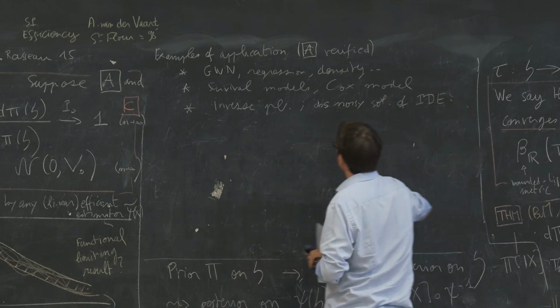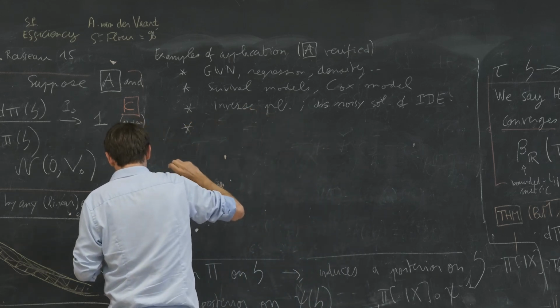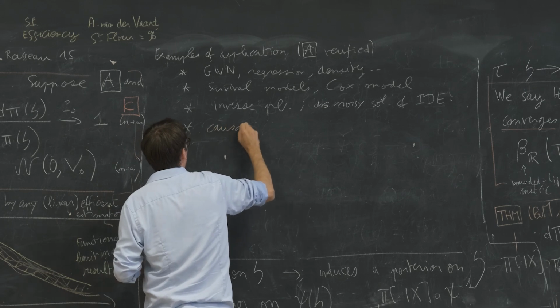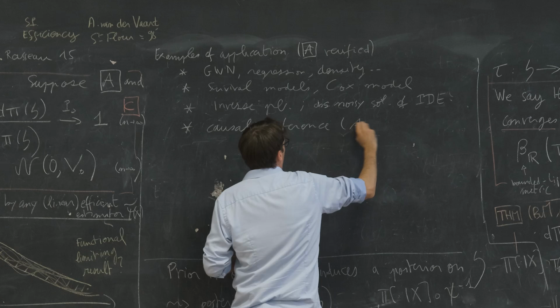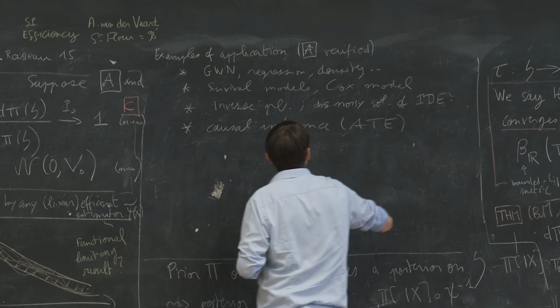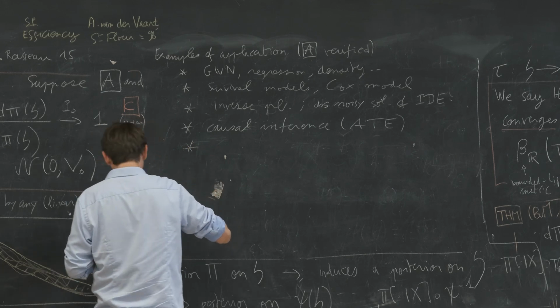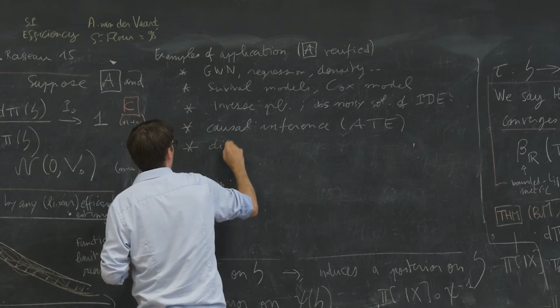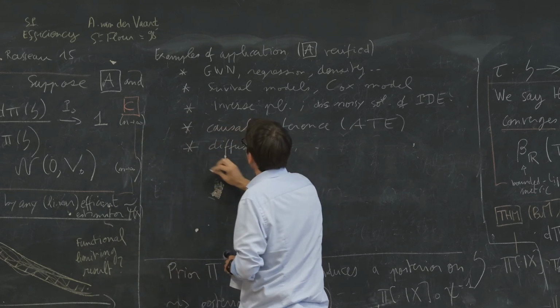There is quite a lot of work by Richard Nickl and co-authors in this setting recently. Also, you can do causal inference. Like, if you want to estimate the average treatment effect, for instance, there is a nice paper by Ray and van der Vaart on that. You can do diffusions. I mean, there are many settings where you can do this.